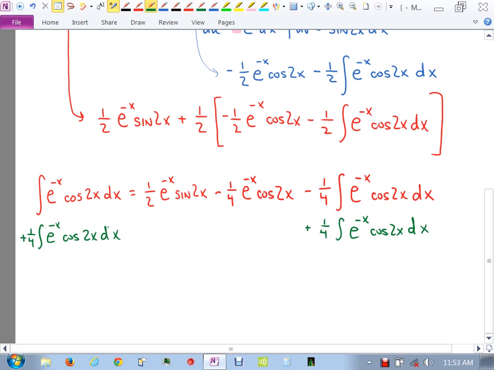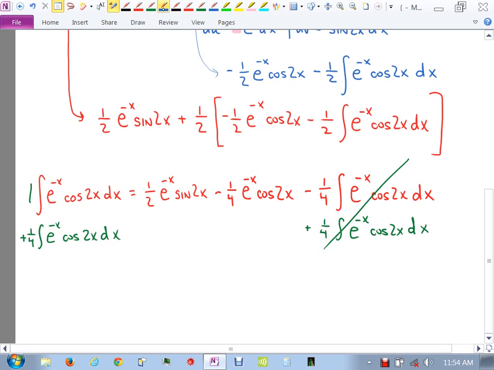Adding it on both sides, what would you get? What's one integral plus 1/4 of an integral? 5/4, isn't it? 5/4 of that integral. So all you're doing is adding the coefficients. The coefficient of the integral on top is 1. Coefficient down here is 1/4. 1 plus 1/4 is 5/4. On the right side, doesn't it cancel? Right?